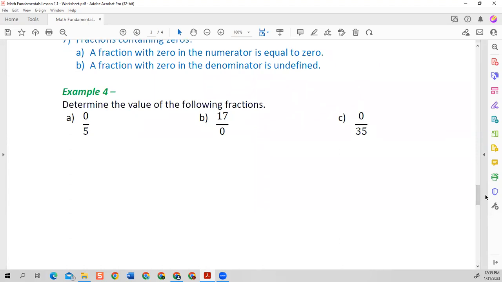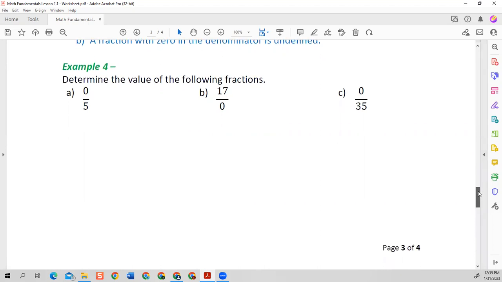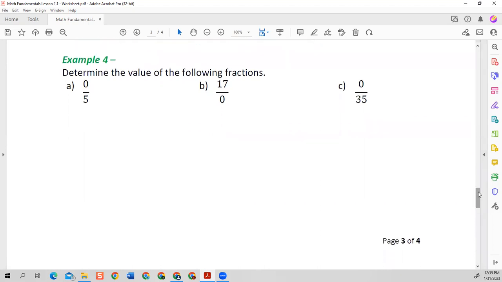Let's move on. Okay, so now we need to determine what type of fraction this is. Okay, so a note. Anytime 0 is in the numerator, it doesn't matter what's in the denominator. Anytime 0 is in the numerator, the answer is always 0.